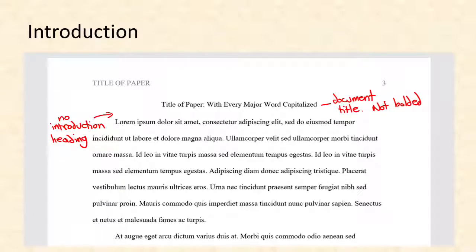Additionally, every major word of the title is capitalized, just like on the title page. But notice that at the beginning of this document, there is no heading for introduction. According to page 63 of the current APA manual, you never put the introduction header because it's assumed.